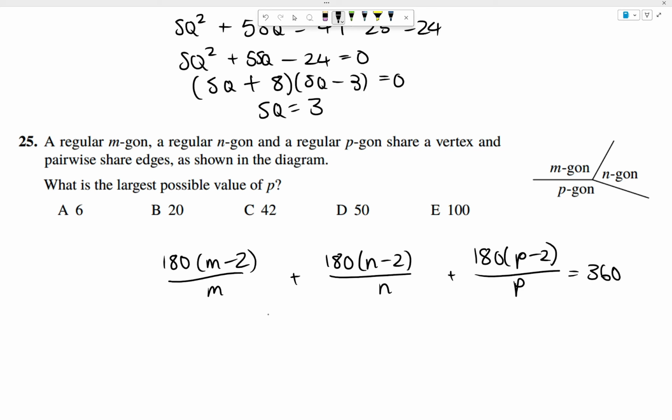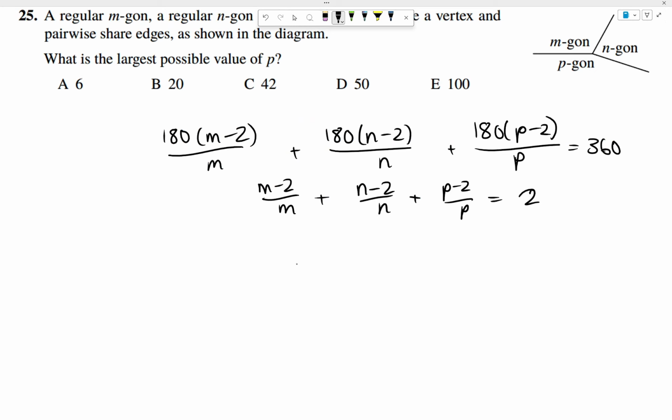Now I'm going to try and tidy this up. So the first thing I'm going to do is divide through by 180. So m minus 2 over m plus n minus 2 over n plus p minus 2 over p is equal to 2.